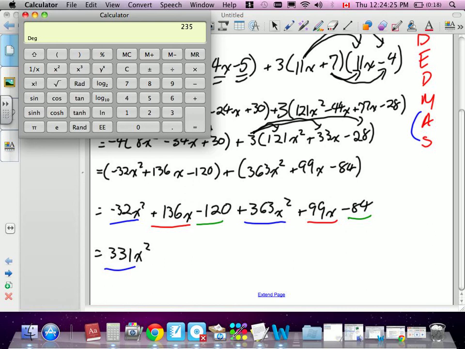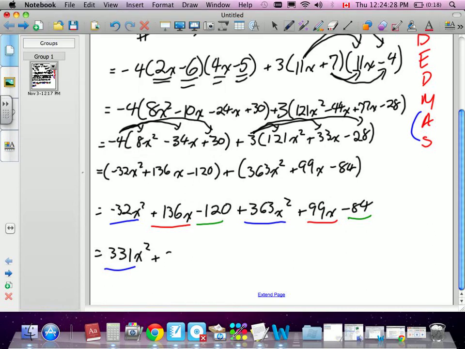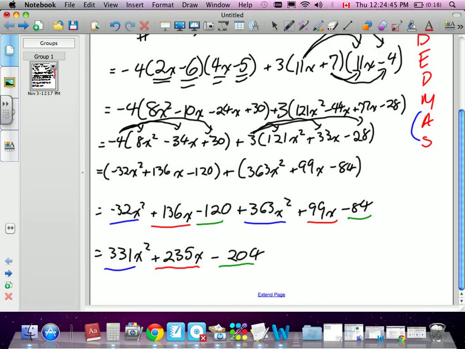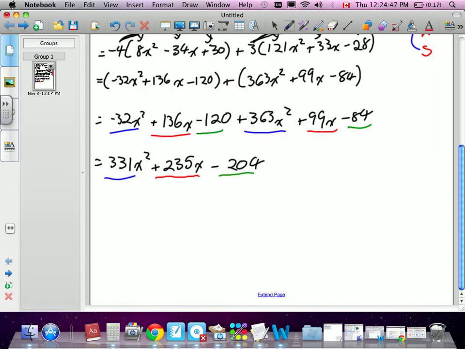Those are our two blues. 136 plus 99 is 235, so plus 235x. Those are our red terms simplified. And finally, negative 120 minus 84 gives negative 204.